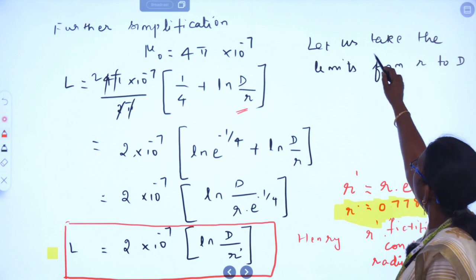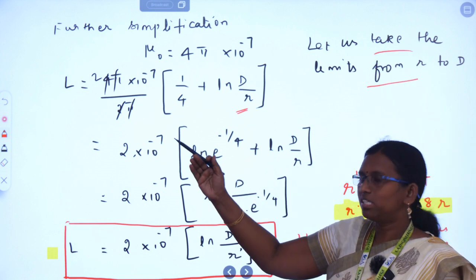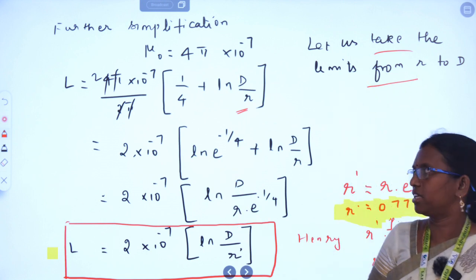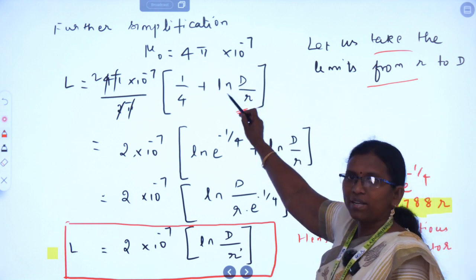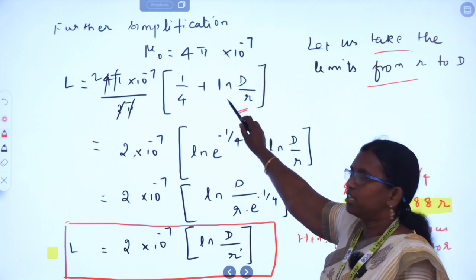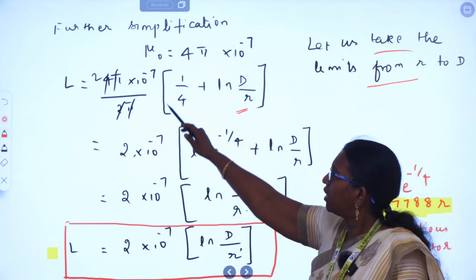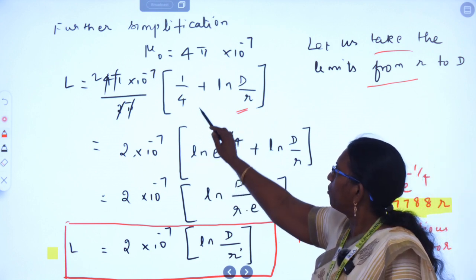Here let us take the limits from r to a particular distance d. So within that distance I am going to find the external flux linkage or external inductance. So the upper limit is d, so ln d by r.